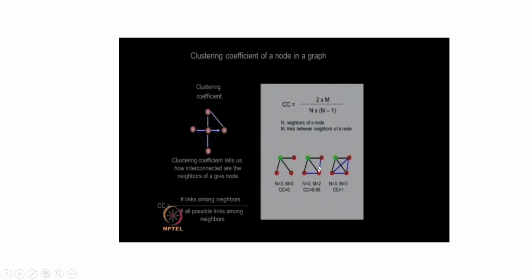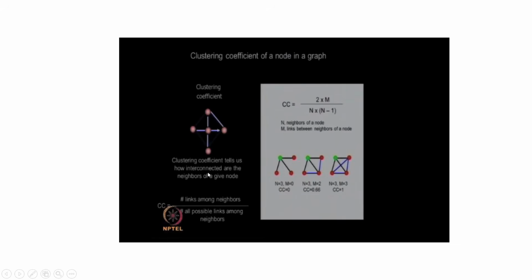Whereas if this is how the interaction is taking place, you see there are two of these interactions. These blue ones are the links between the neighbors of the node, so M is equal to 2. If you apply that to the formula, the clustering coefficient is 0.66. That's how, depending upon the type of interaction, you can talk about the clustering coefficient.